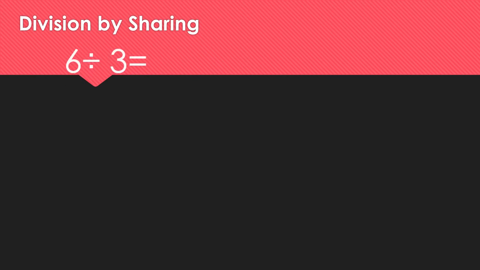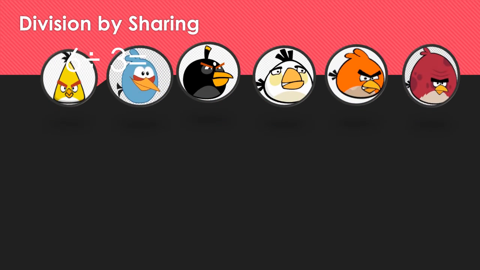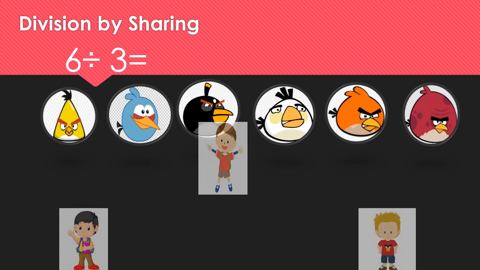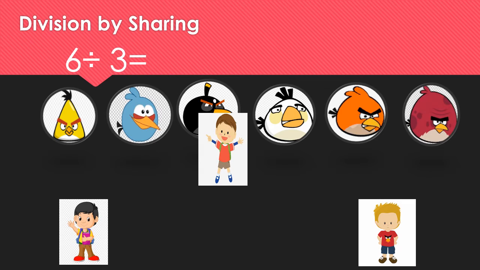In previous lessons, we discussed division by sharing. For example, 6 divided by 3. Let's say there are 6 angry birds, and we are going to divide them among 3 kids. How many angry birds will each kid get?